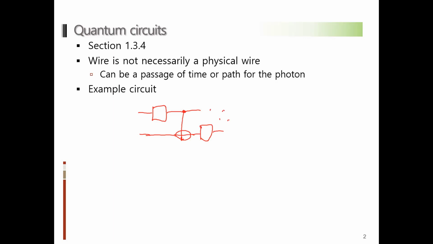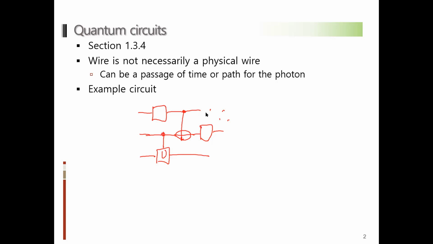Then there might be another wire, another qubit, and it might be connected to something else, or even represented by some more generalized operator like this one. So this might be a very typical shape of the circuit.